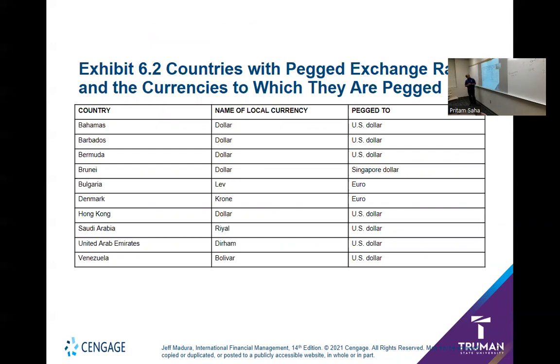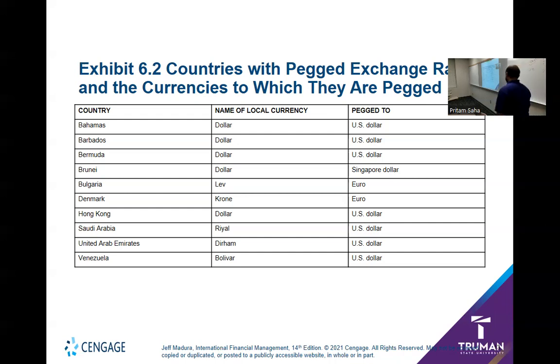Sometimes they peg with the US dollar or euro. They have their own currency, but at the same time they want their currency to move with, or be pegged to, a developed currency so that they can minimize their volatility and attract foreign investments.